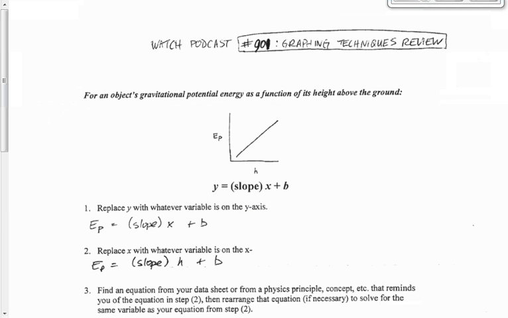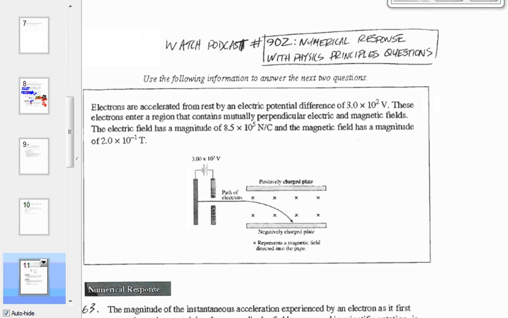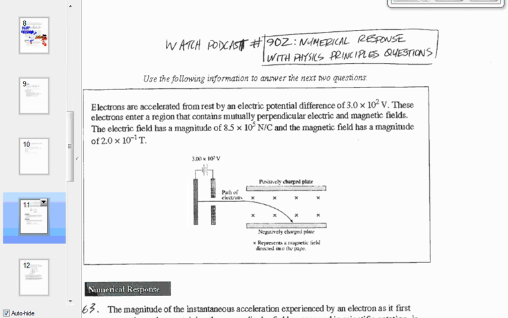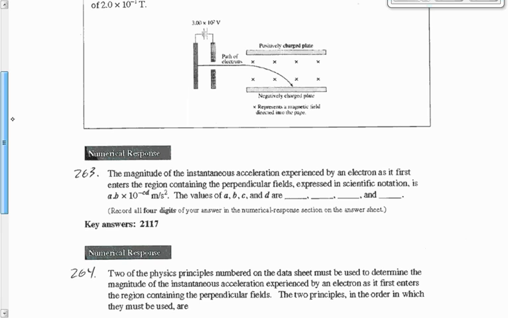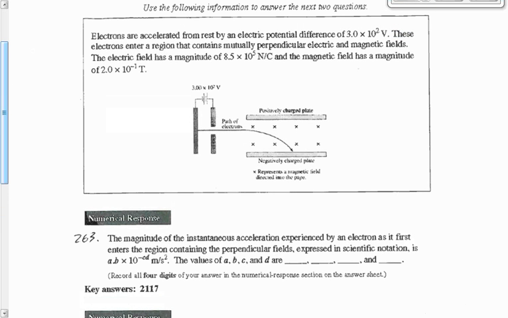For example, let's take a look at this question right here. This is the one that appears on page 11 of that booklet that I gave to you. This is already podcasted from last year, as is the next question.